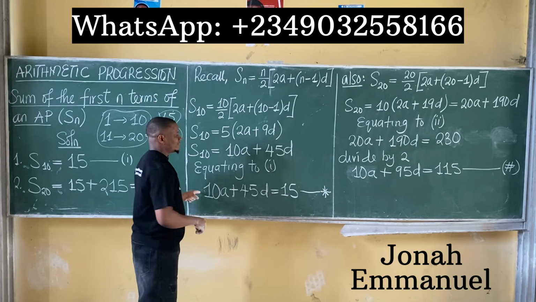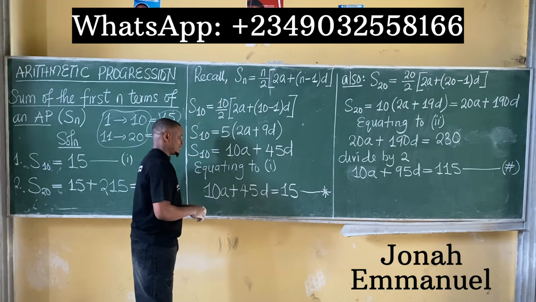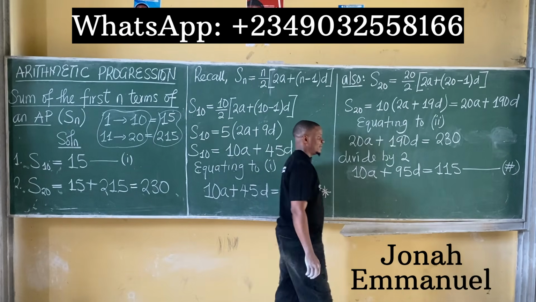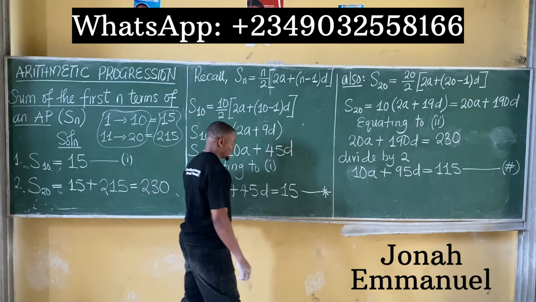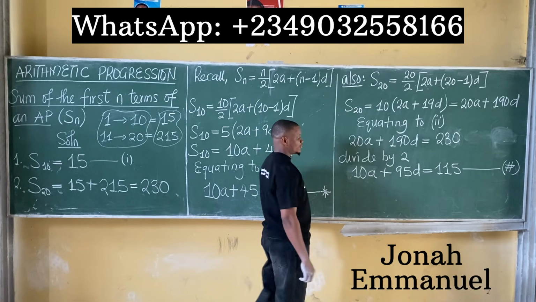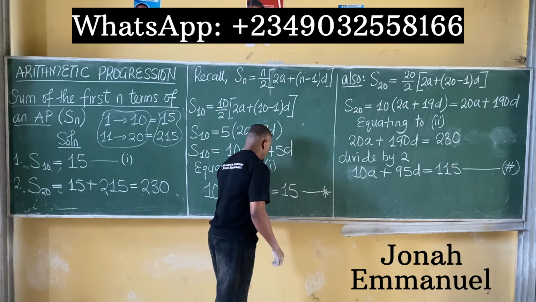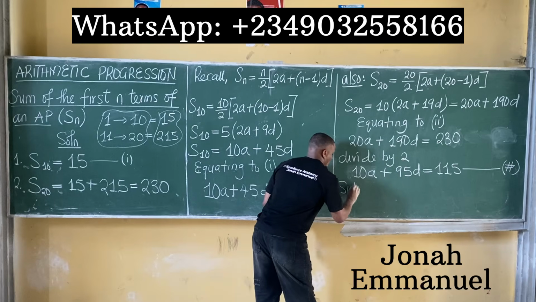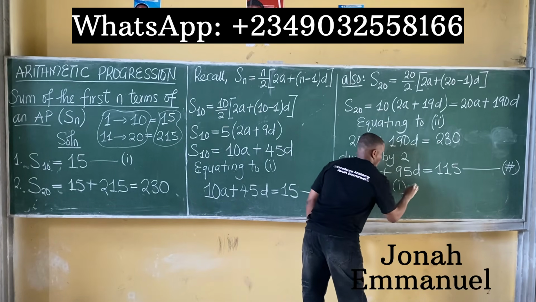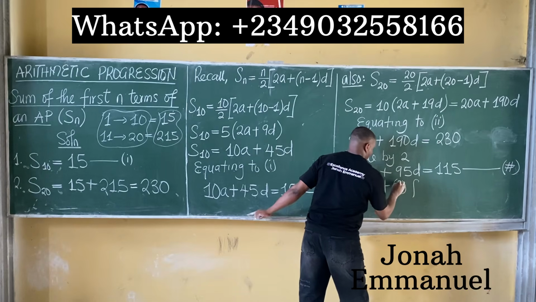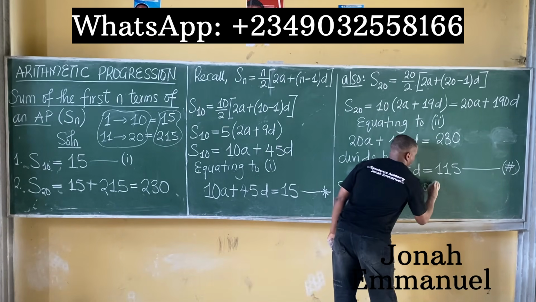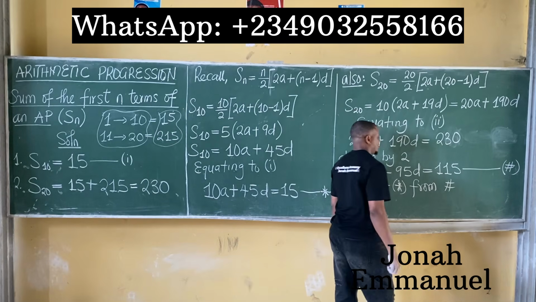All right, so we now have two different equations in terms of a and d. So we can solve them simultaneously. Since we have 10a here and 10a here, we can just subtract them. So I will subtract equation asterisk, this one, from equation hash. Let's subtract them.